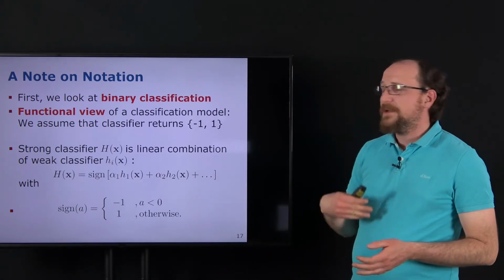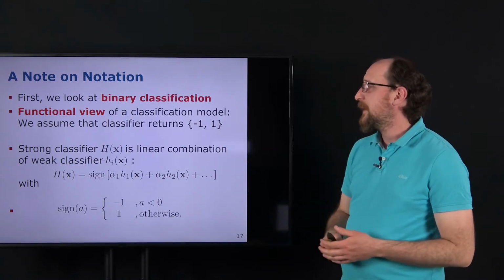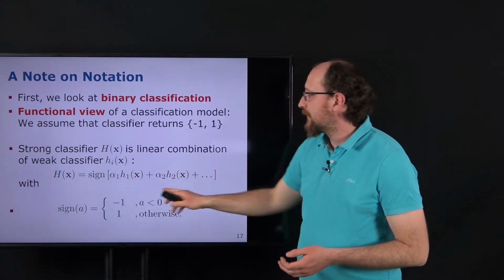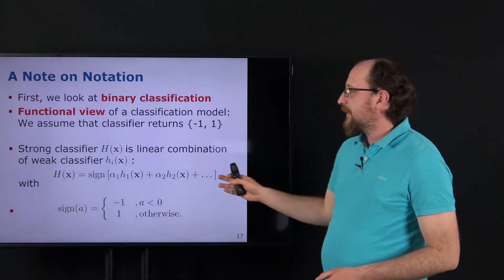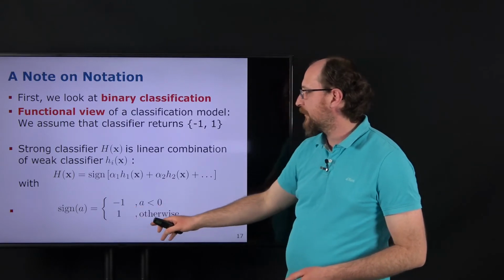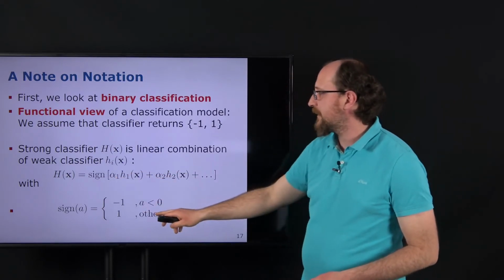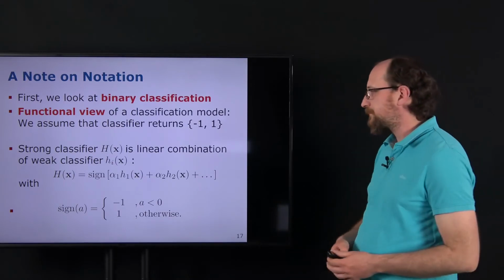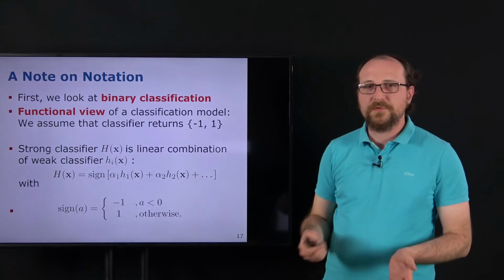To get the classification result that we want in the end, the -1 and 1, we just use the sign function on the result. This sum maybe returns some number, whatever, 10 or -10, but we just use the sign of it in the end. The sign function returns -1 if the argument, the part inside the brackets, is negative, and 1 when it's positive, or 0 in the end. And this is something that is now used in the end.